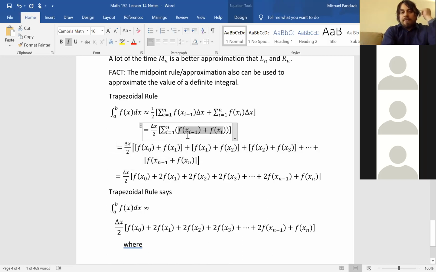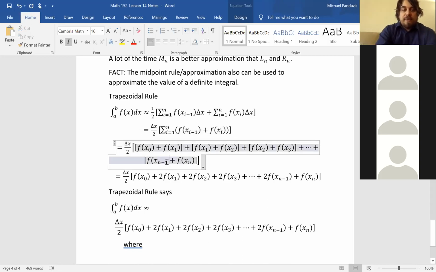F of x 1 plus f of x 2. See that's this? Now plug in i equals 3, what do you get? F of x 2 plus f of x 3. Okay, now plus dot dot dot, you're doing from i equals 1 to n. Now tell me when i is n, what is this? F of x n minus 1 plus f of x n. Yeah, that's this. And so put the parentheses there.